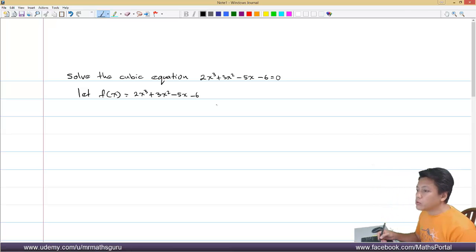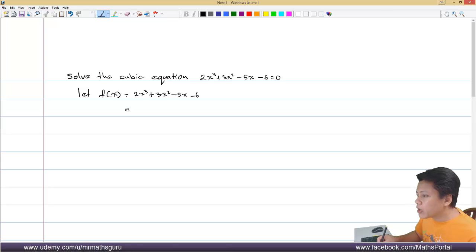But we do not want to shoot in the dark. We want a good guessing game. We need some good options to try, so we don't want to just put in any numbers like 1, 2, 3, 4, 5. So let's do some educated guessing.